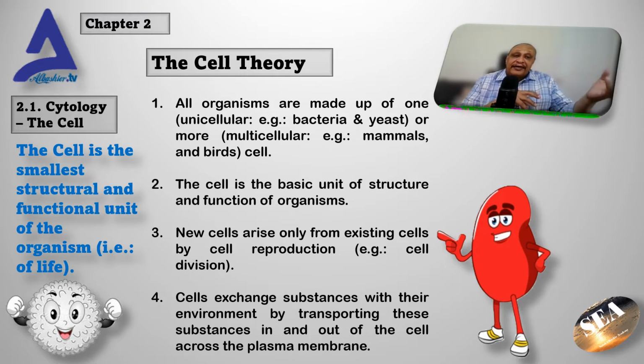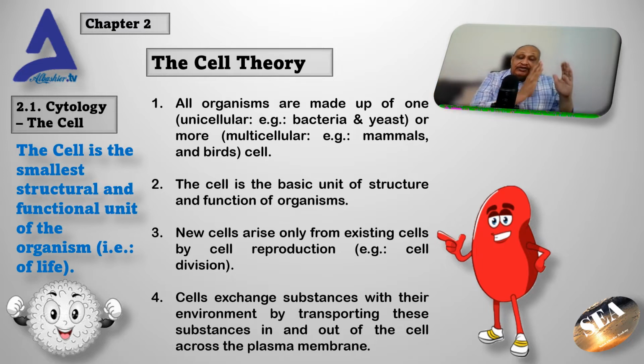So we know that the cell is the smallest structural and functional unit of the living organism or of life. This is based on four pillars. Number one, all organisms are made up of one cell, and in this case we name it unicellular, like bacteria and yeast.